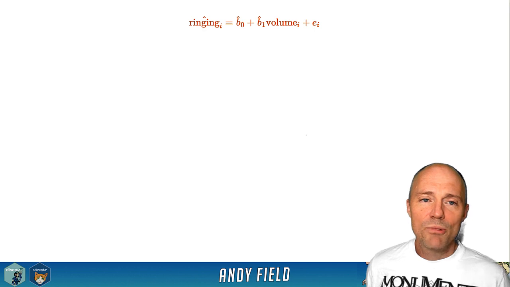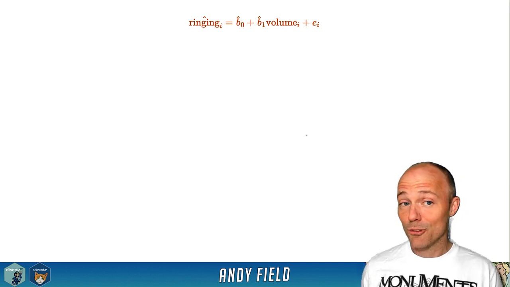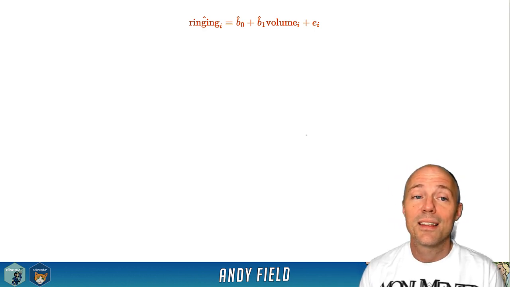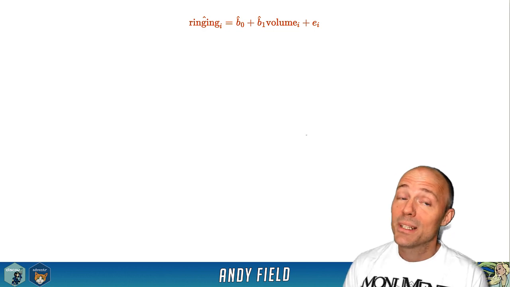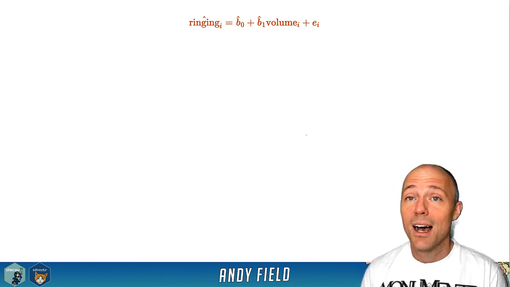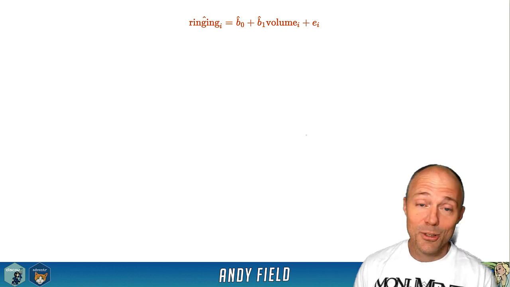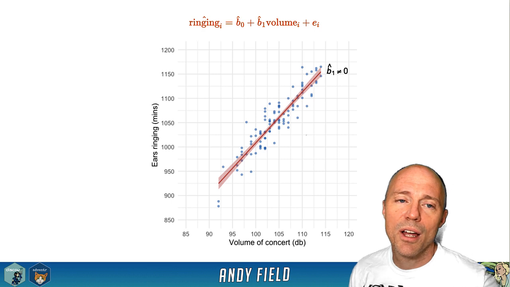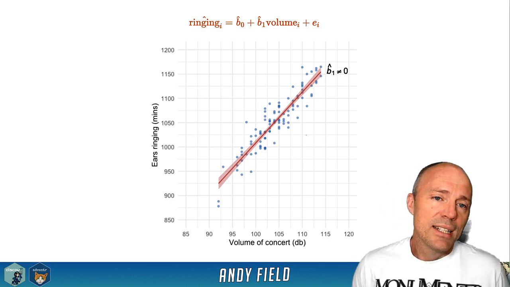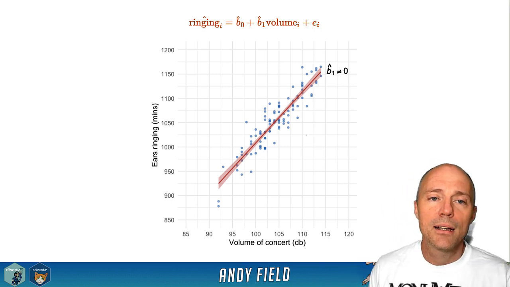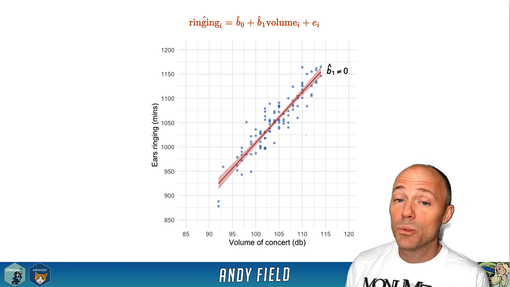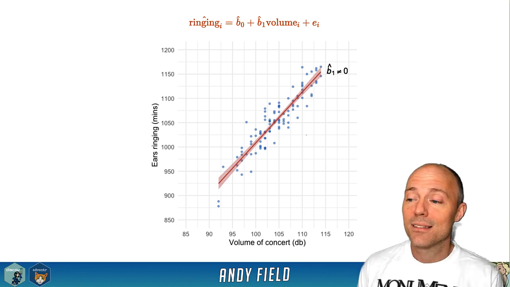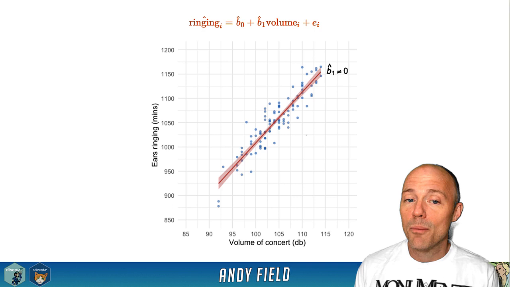So let's just recap the example that we've been using throughout all the lectures, which is to do with ears ringing, predicting the length of time the ears ring for as a function of the volume of concerts that you have attended. So this model should be familiar to you. We've seen it a number of times. I just want to illustrate how the beta, the parameter attached to a predictor variable, can tell us something about a hypothesis.